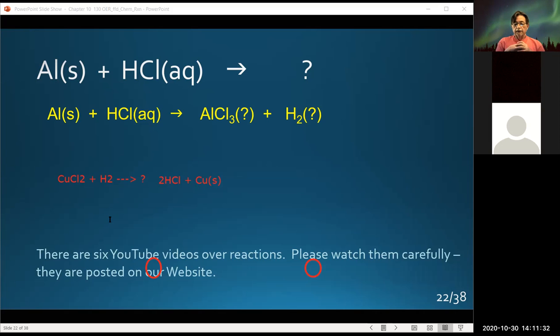Okay. So that would be using the activity series and using hydrogen if you're given a hydrogen example.